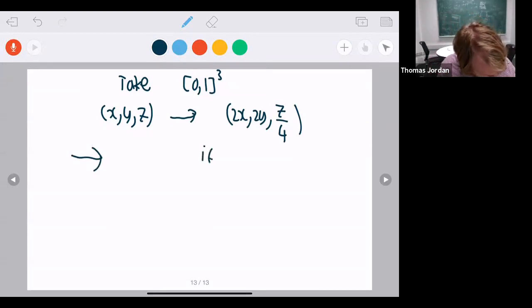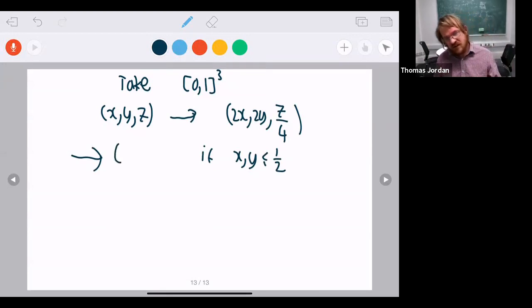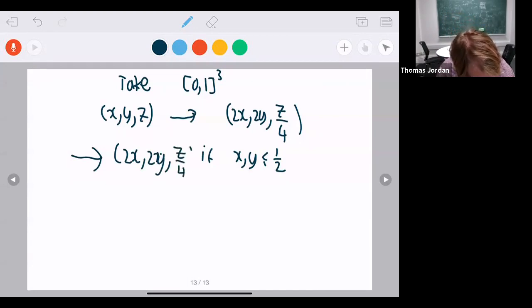Well, if x and y are less than a half, then 2x and 2y will still be between 0 and 1. And so in this case, we've not done anything more. So we just have 2x, 2y, z over 4.